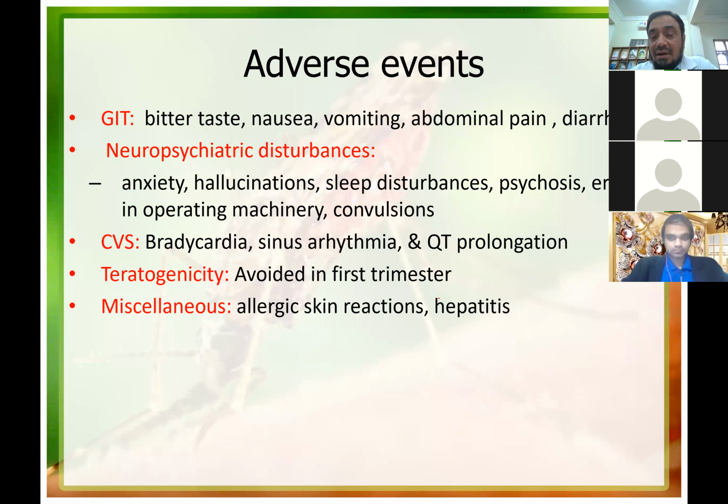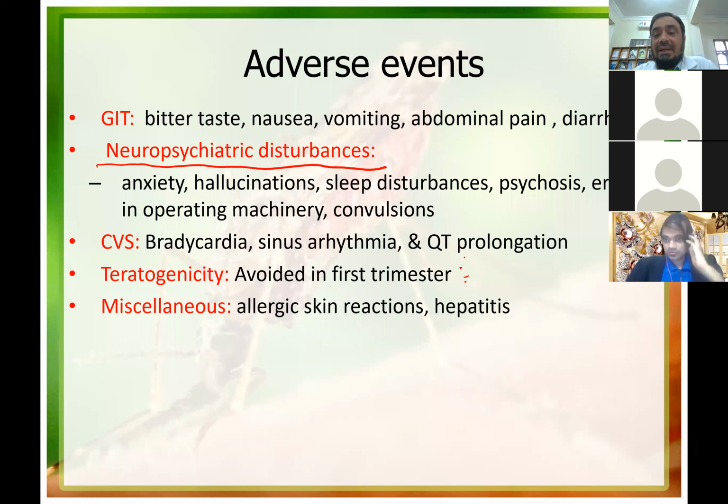So when a patient is given mefloquine, you should advise that he should not operate the machinery and he should not drive.